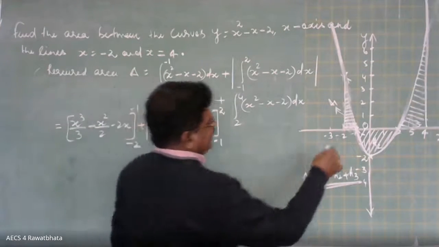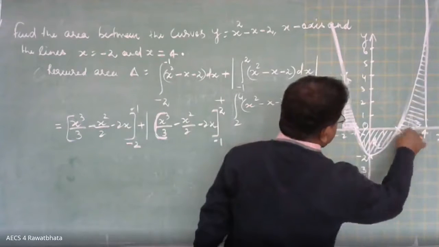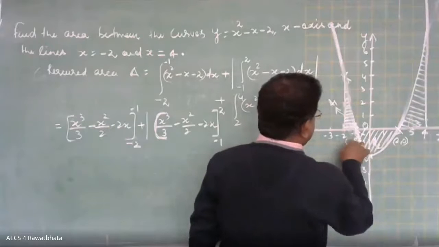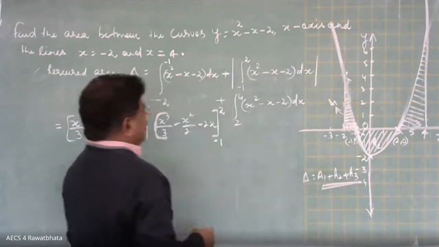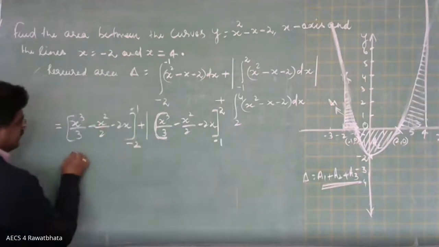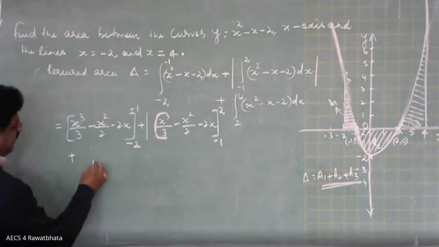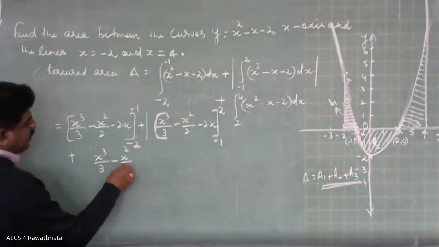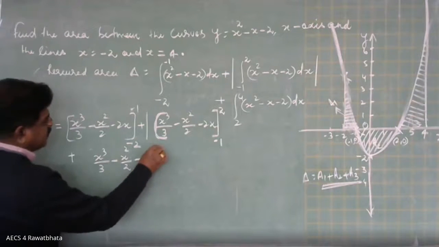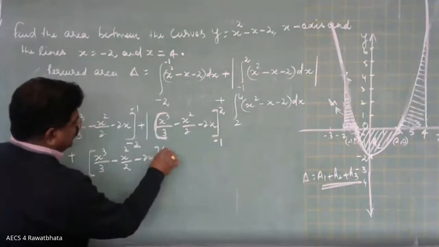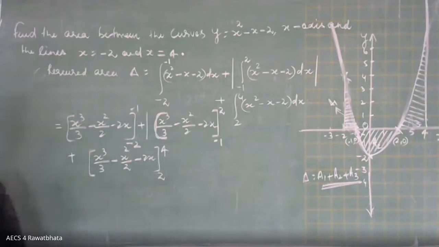It intersects the x-axis at 2 comma 0 and minus 1 comma 0. Now plus, integrating again, x to the power 3 upon 3 minus x squared upon 2 minus 2x, from 2 to 4.